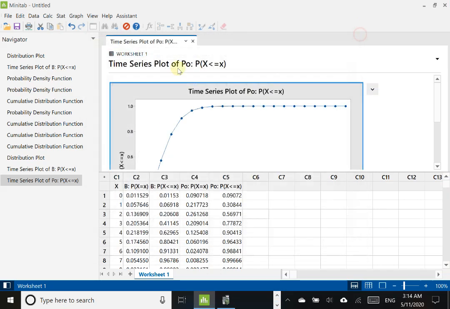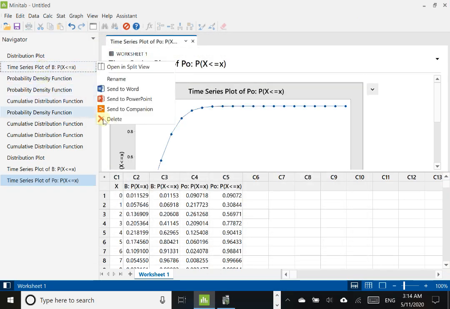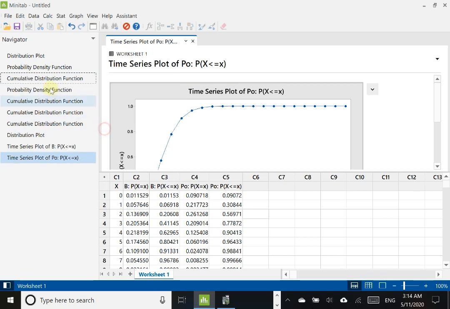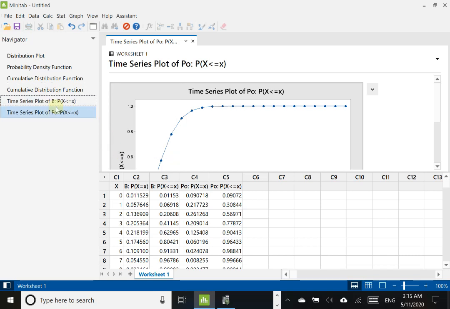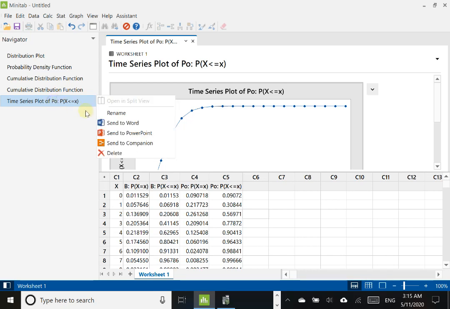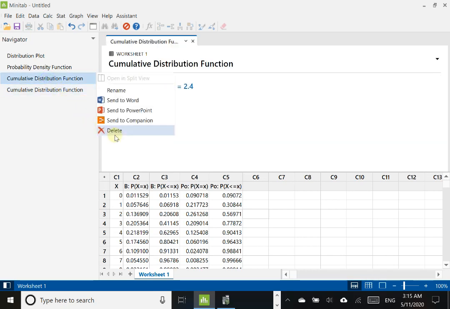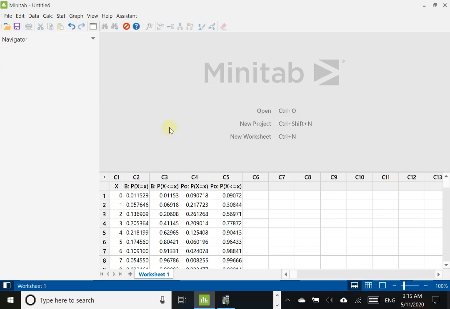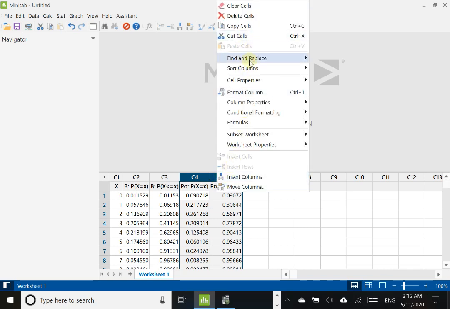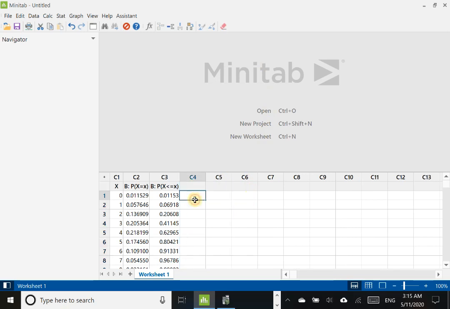Again, I've done a whole bunch of this stuff earlier, just to insert it in my notebook, which I'm going to delete, so I no longer have them. Clean the slate, so to speak. I'm also going to delete these 2 columns because we're going to create them ourselves from scratch. Delete cells. Okay, we're good.